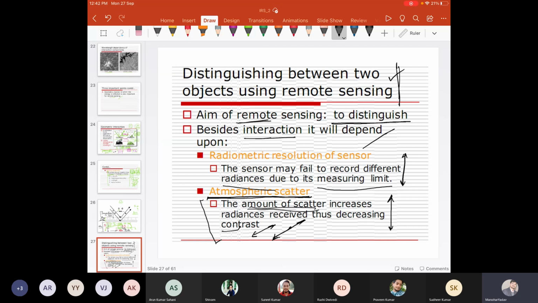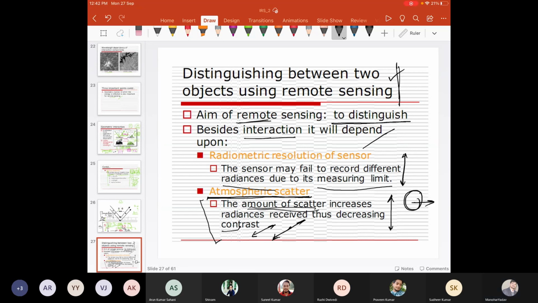Correct. Due to interaction between EMR radiation and the particles or molecules in the atmosphere, this scattering takes place. We already discussed the types of scattering, selective and non-selective. In selective we have Rayleigh scattering and Mie scattering, where we concluded that the dominant is Rayleigh scattering.